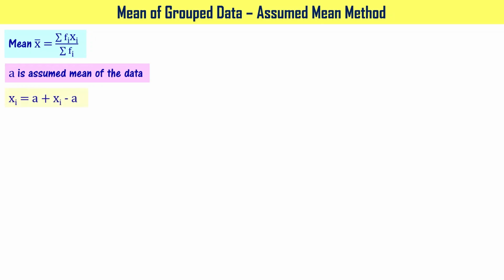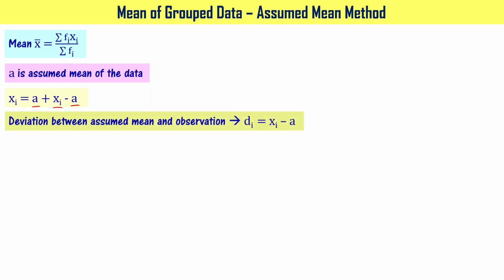I can write xi as a plus xi minus a, meaning I am adding a and subtracting a from xi, right? We have defined deviation di as xi minus a. It means for this particular quantity, I can use di, right? So it means xi equals a plus di, right?